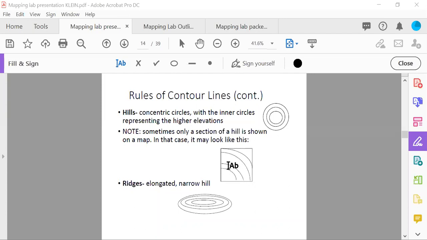You can tell it's just a section of the circles, but they still look like concentric circles. A ridge is an elongated narrow hill, so that would be oval, but still concentric. Concentric just means one circle and then there's a smaller circle inside and then a smaller circle inside that, etc.